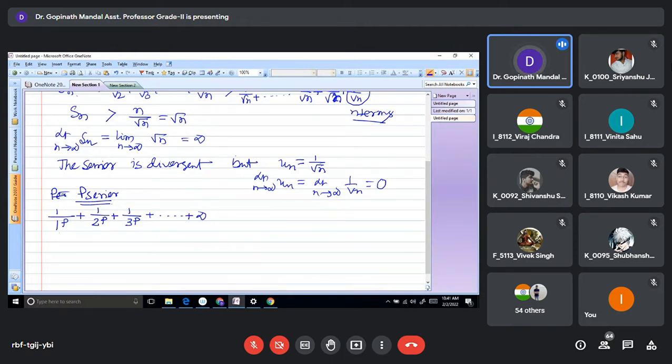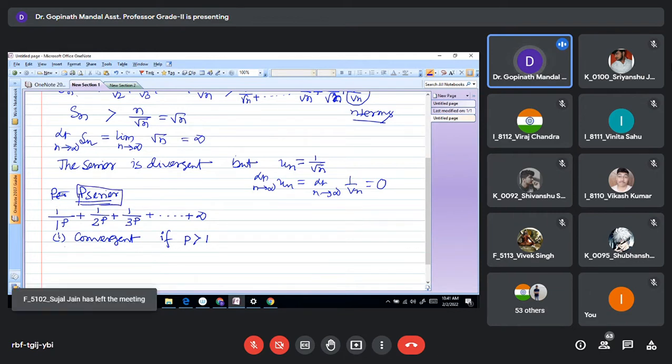Now, this series is convergent if p is greater than 1. Okay, proof is not necessary for this P series. This series is convergent if p is greater than 1, and divergent if p is less than or equal to 1.